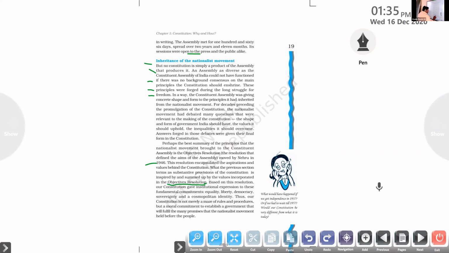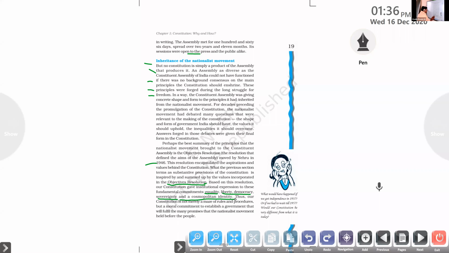What are they? Equality, liberty, democracy, sovereignty, and cosmopolitan identity. Clear or not? Cosmopolitan identity means that even if we are living in different countries or states, the government wants to accept us as citizens of our country. Wherever you live, if you are born in India, you have Indian citizenship.